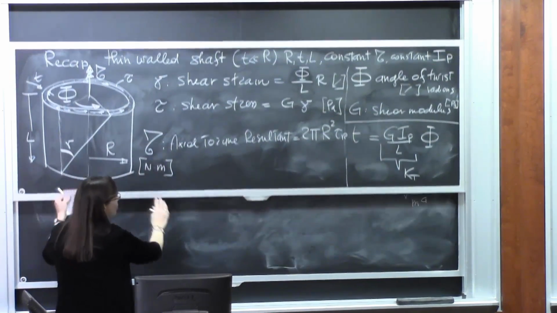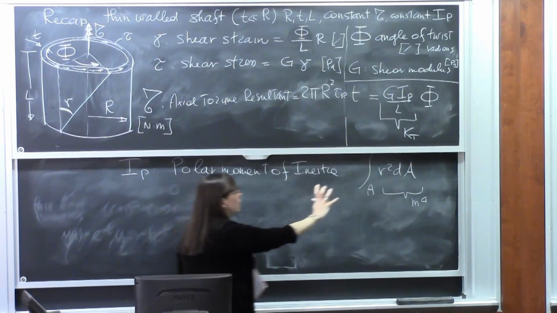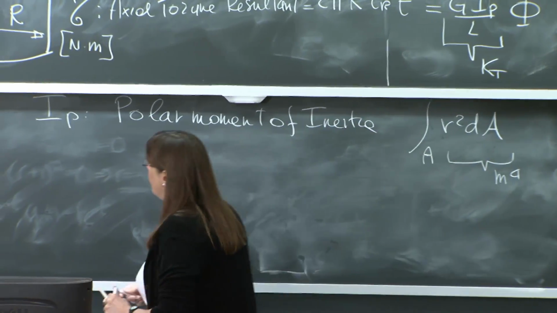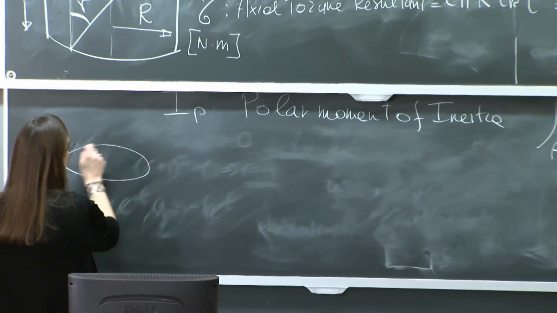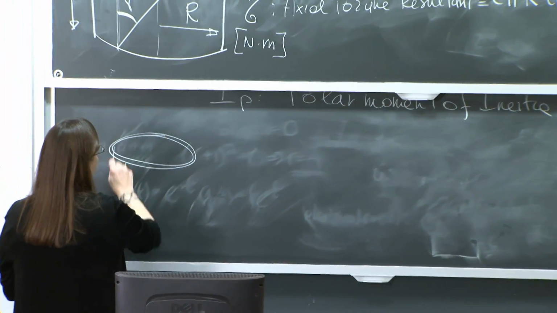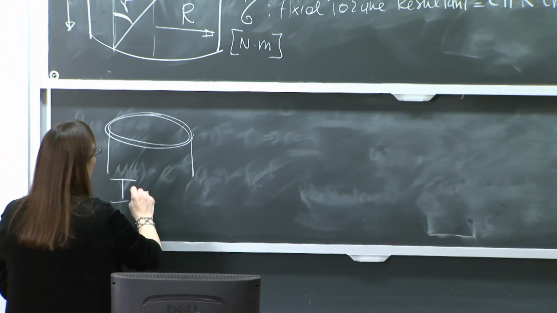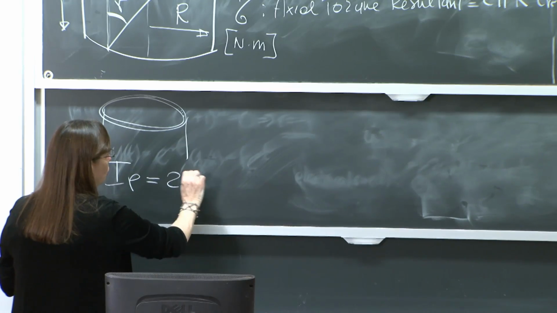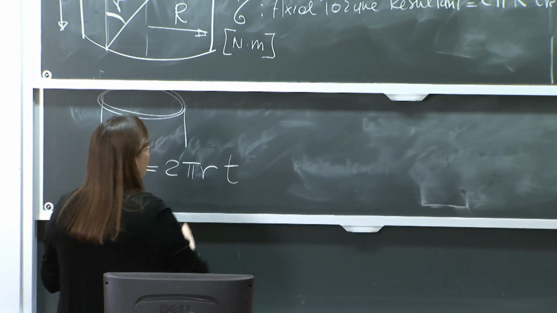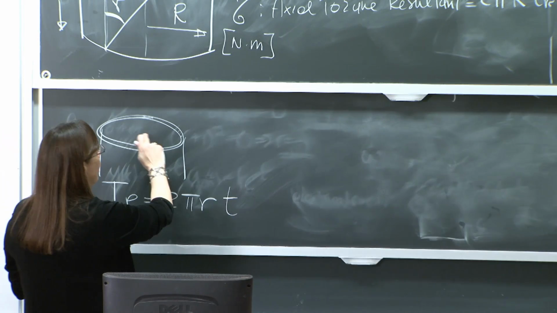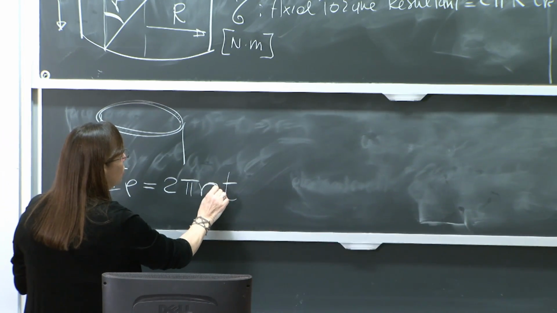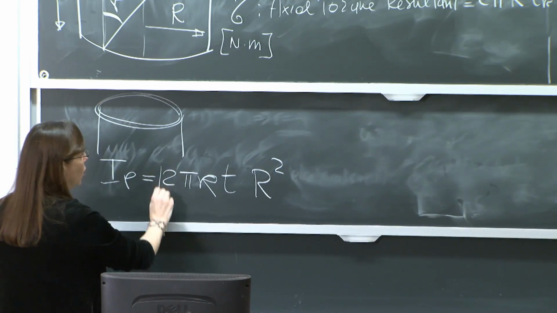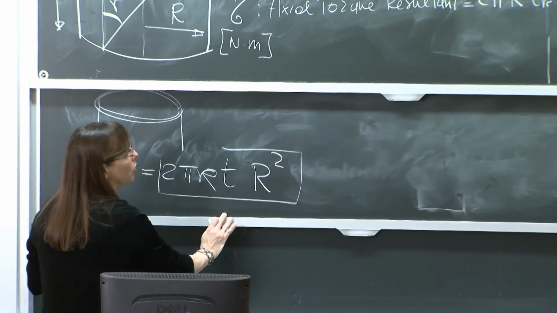So the radius is approximately constant, and when I integrate over the area for a thin wall shaft like that, I get that my polar moment of inertia is simply the cross-sectional area of the shaft, 2 pi r t, multiplied by the radius squared. This is my polar moment of inertia for a thin wall shaft.